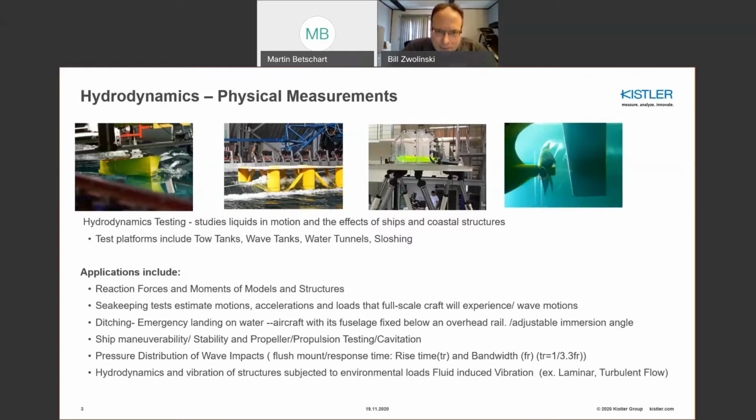So as far as hydrodynamics, there's quite a bit of opportunities for physical measurements. You have quite a bit of facilities out there, which are tow tank facilities, wave tanks, the cavitation tunnels, as well as sloshing platforms and so forth. So there's quite a bit of facilities that people use to make various analyses.